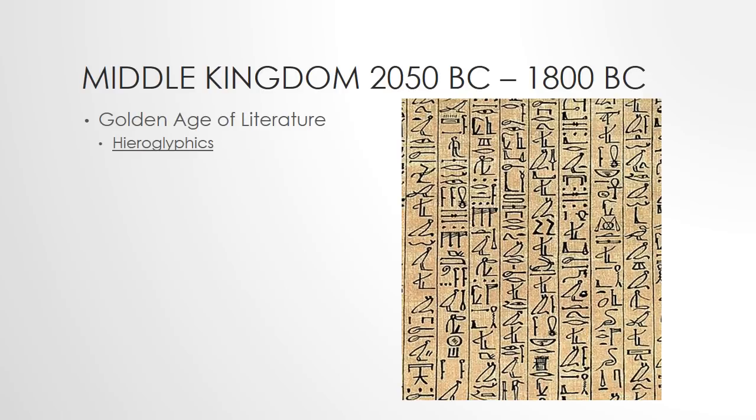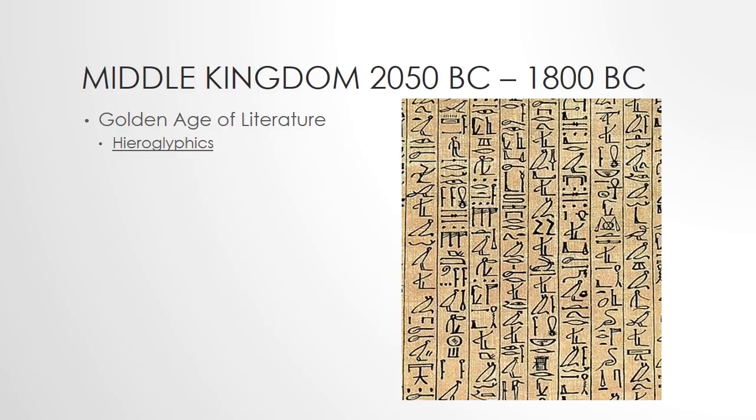The Middle Kingdom was a fairly peaceful time, not too much war going on or anything like that. It's known as the Golden Age of literature, and all sorts of poems and stories were composed during this time, and they were composed in the unique Egyptian script known as hieroglyphics, which you can see there.